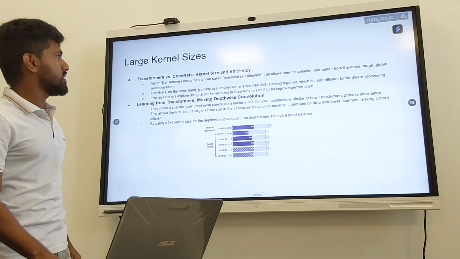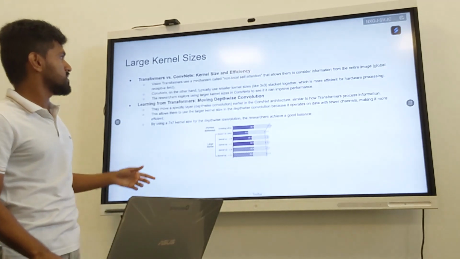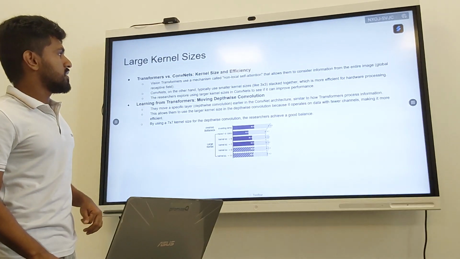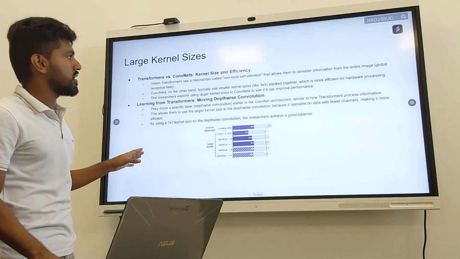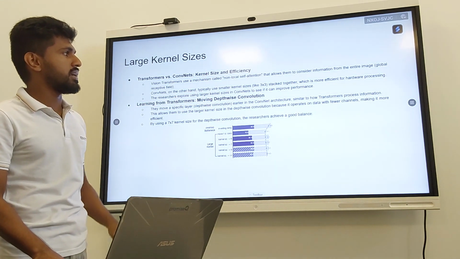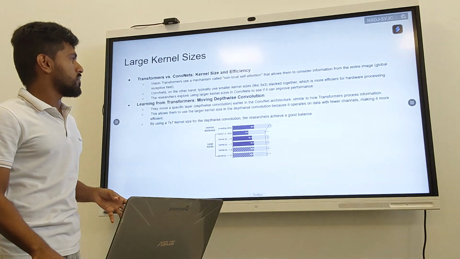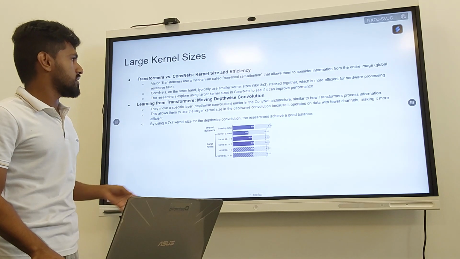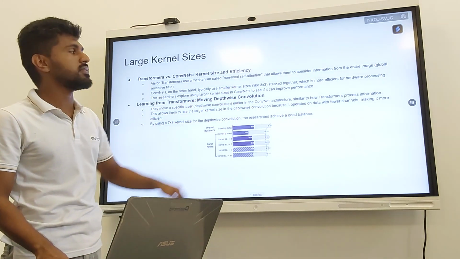Then they used various kernel sizes for the depth-wise convolution. I previously mentioned that transformers have the non-local self-attention mechanism, which makes the attention global. In convolution, we have small kernel sizes.